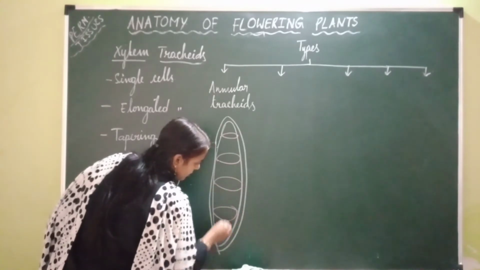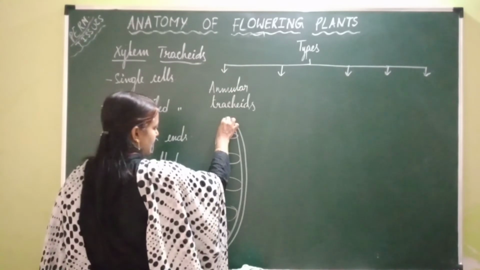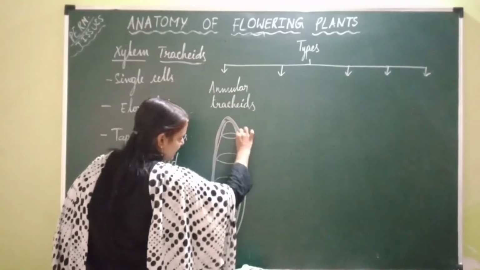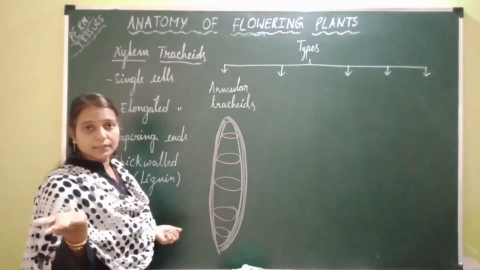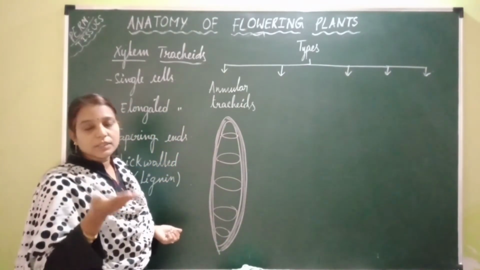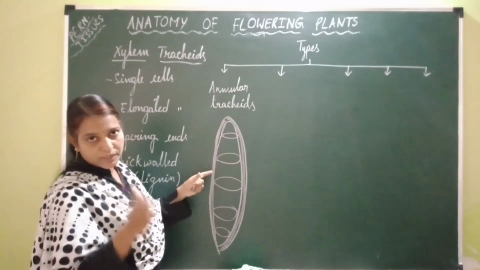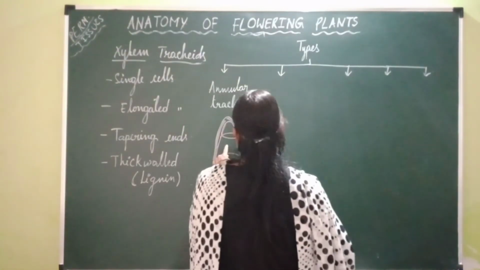And hence these are called annular tracheids or annular thickenings. So this is the thick lignified cell wall. When we take the longitudinal section of this tracheid, we can observe these thickenings present in the cell wall. These are annular thickenings.